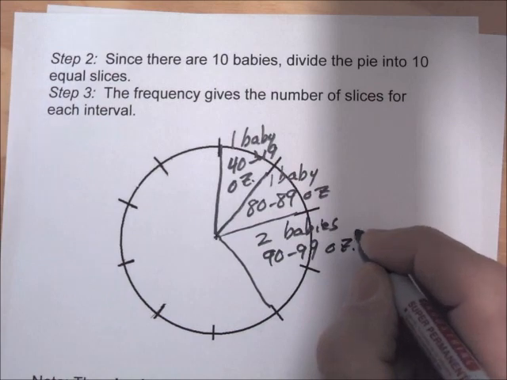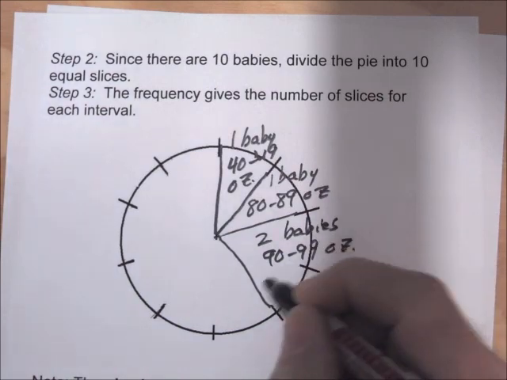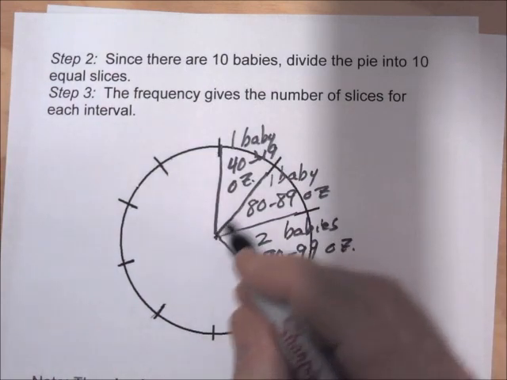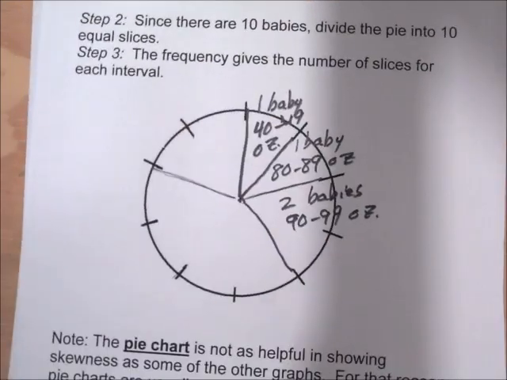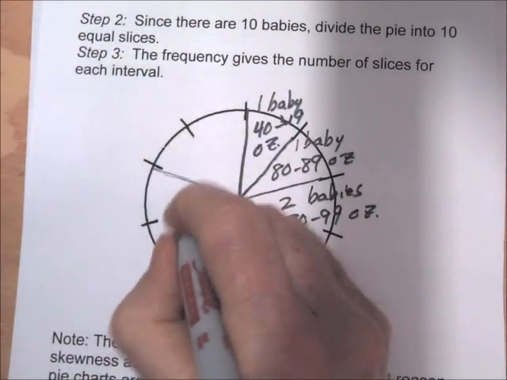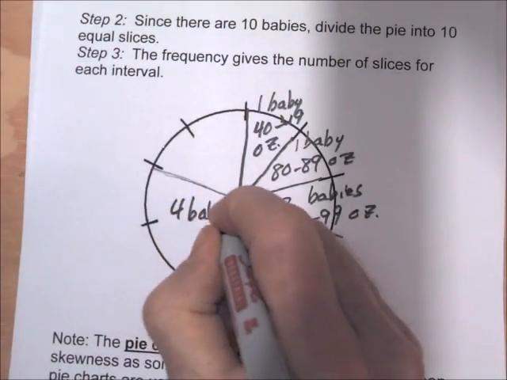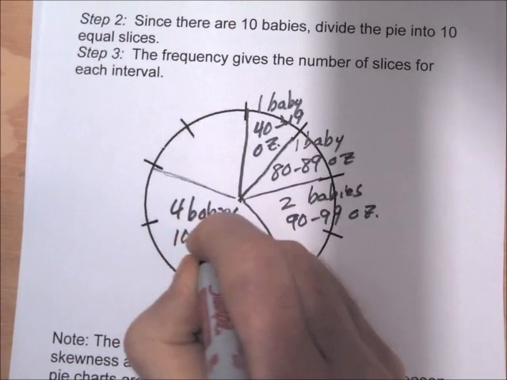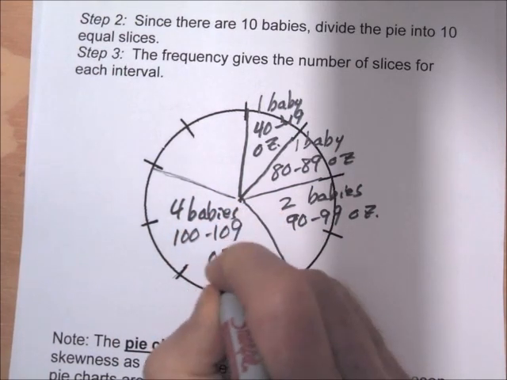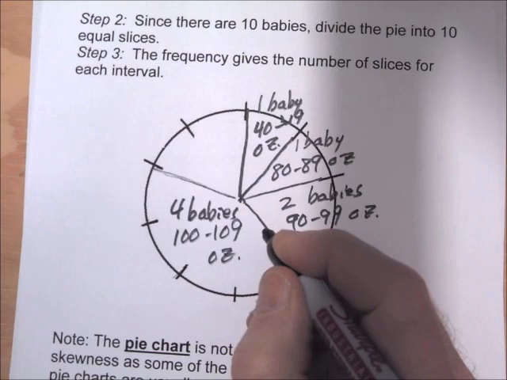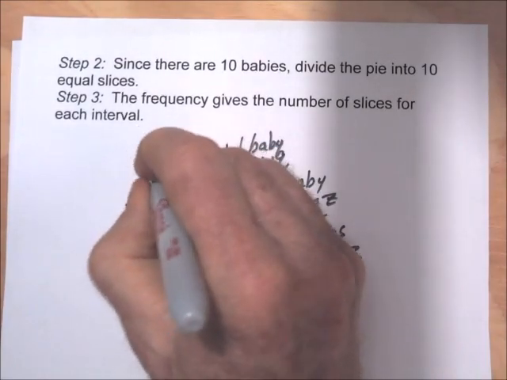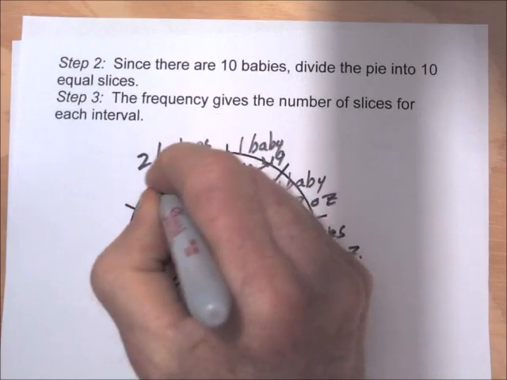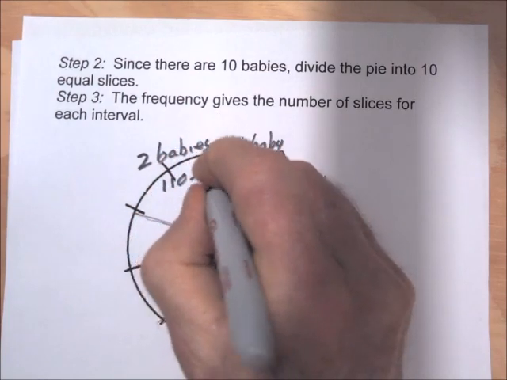We have 4 babies between 100 and 109, so 1, 2, 3, 4 slices of the pie. 4 babies, 100 to 109 ounces. And then we have 2 babies, 110 to 119.